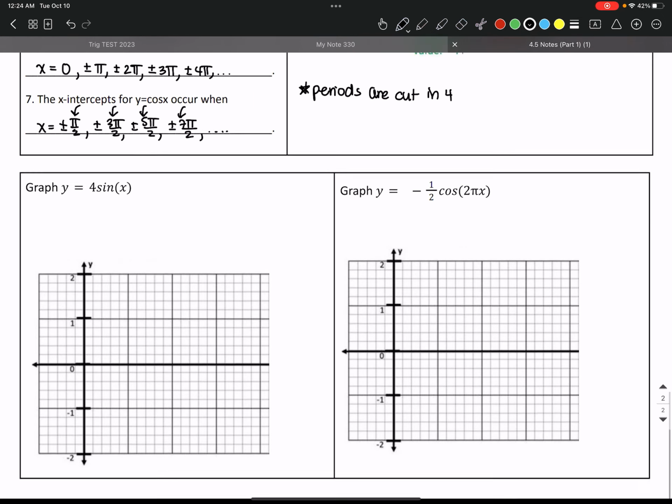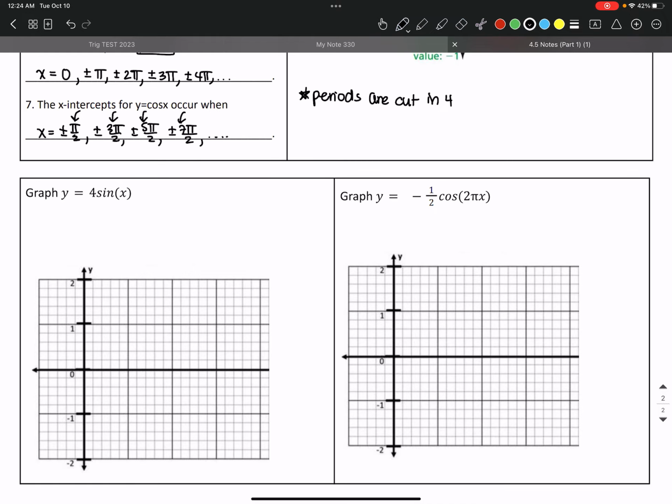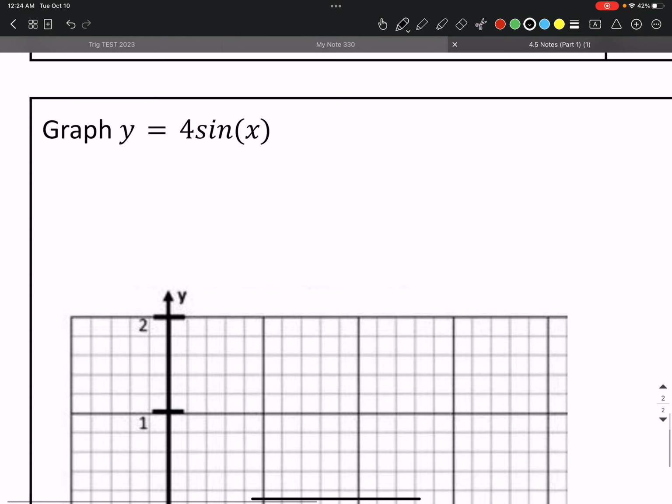So I'm going to do this first example. I want to graph y equals 4 sine of x. In order to do that, I want to look at what is my coefficient for the function, and that's 4, and this is going to tell me the amplitude. And then I want to look at what is the coefficient for the inside.